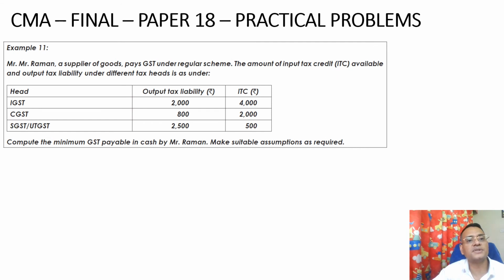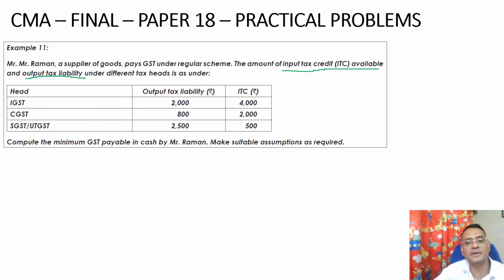Next one, Mr. Raman, a supplier of goods, pays GST under regular scheme. The amount of input tax credit available, ITC. So Mr. Raman is having ITC available, and output tax liability under different tax head is as under. IGST output tax liability is 2,000, input tax credit of IGST is 4,000.